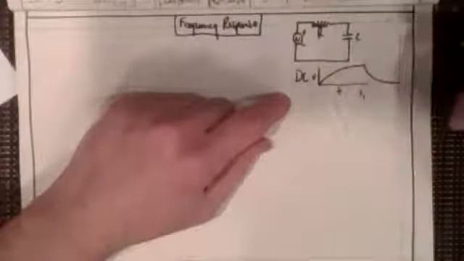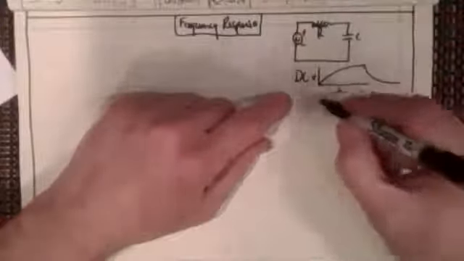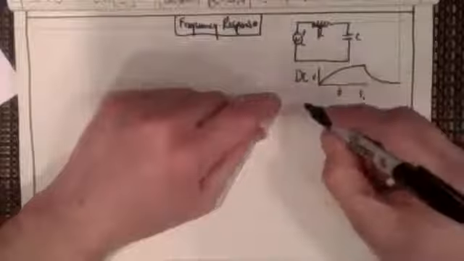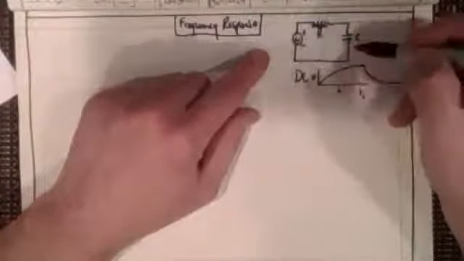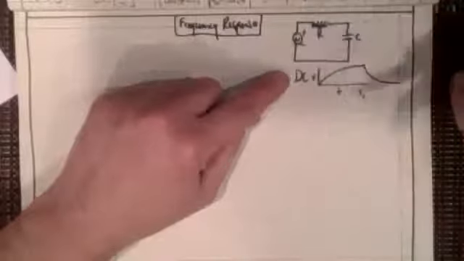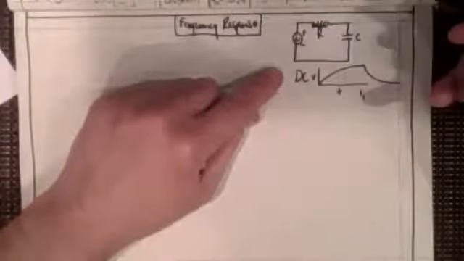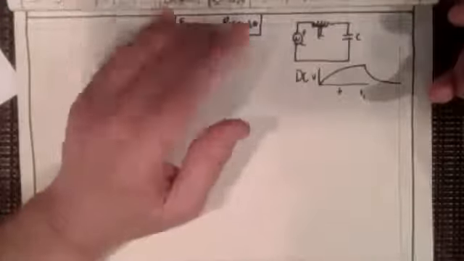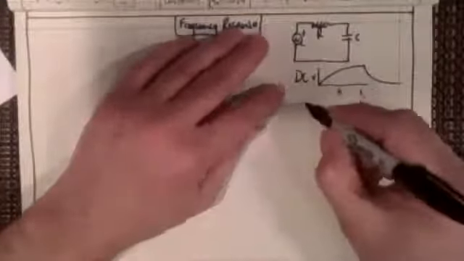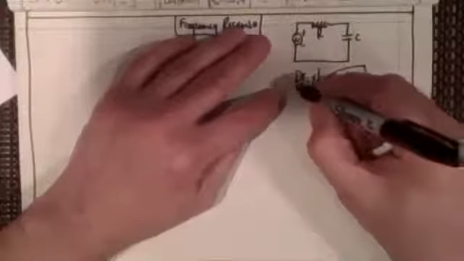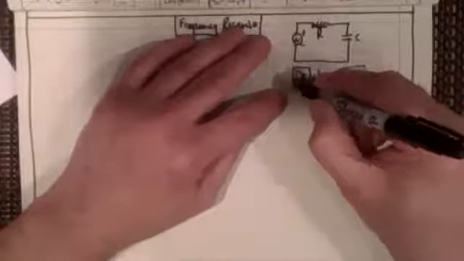Also, I want to say another thing about a capacitor for DC. When you first throw the switch in a circuit where this RC circuit was a DC circuit, what would you find as far as the current goes? Let me point this out here. This is DC.